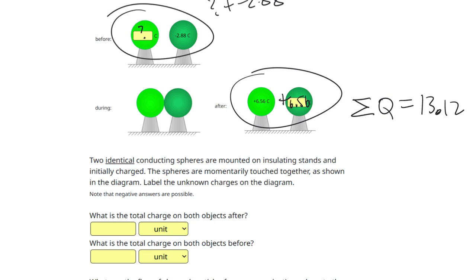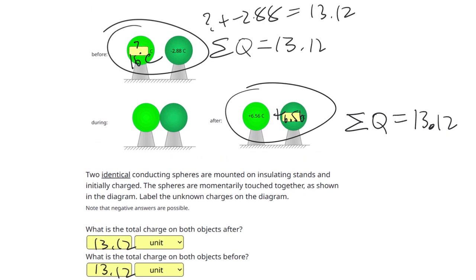So the total charge here has to be the same. So what plus 8 equals 13.12? 13.12 plus 0.88 is 16. So this has to be 16 coulombs.